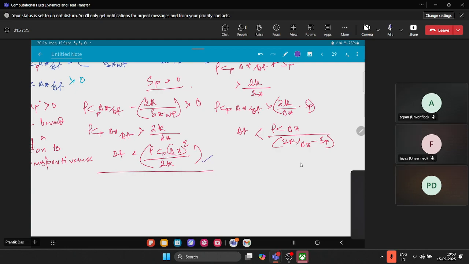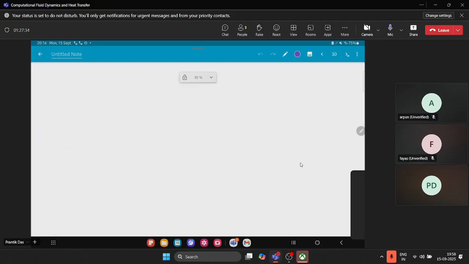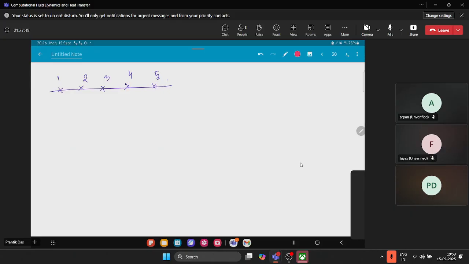Okay. So now I will show you how to do the spatio-temporal discretization over a bunch of cells. We are going back to the previous problem itself. So there are five cells: one, two, three, four, and five. This is the first control volume, this is the second, third, fourth, and fifth control volume.